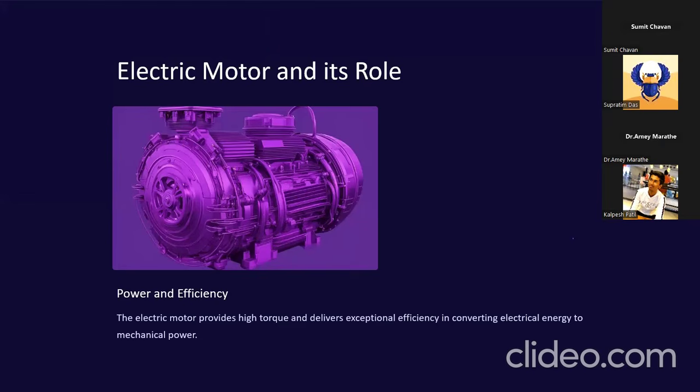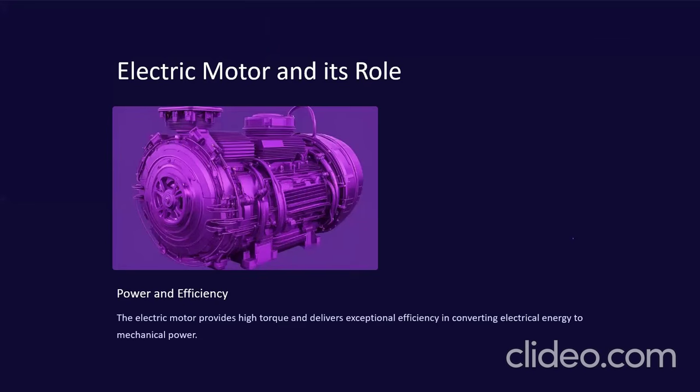Okay. So in the powertrain, the most important component which converts the electrical energy into mechanical energy is called the electric motor. Definitely, the electric motor has some advantages over a general IC engine because of its high starting torque and exceptional efficiency in converting electrical energy to mechanical energy.